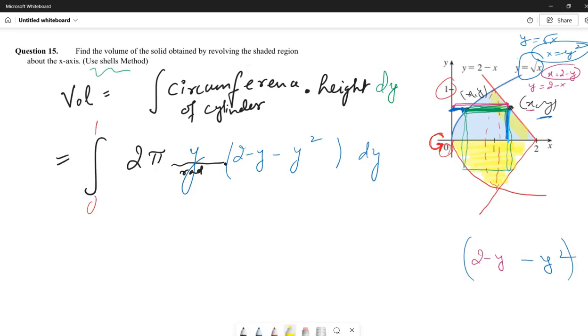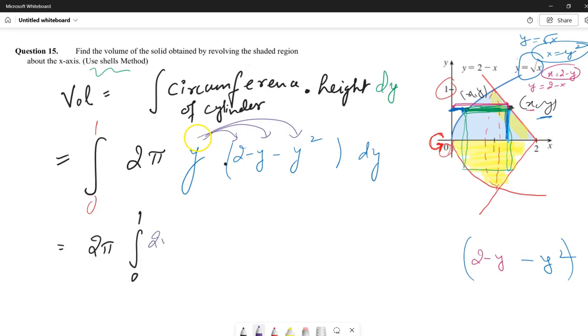This is the most important part, to set up an integral to find the volume of the shape. Now, once you have that, the question becomes easy. 2 pi is pulled out, integral from 0 to 1. This y is going to distribute inside.